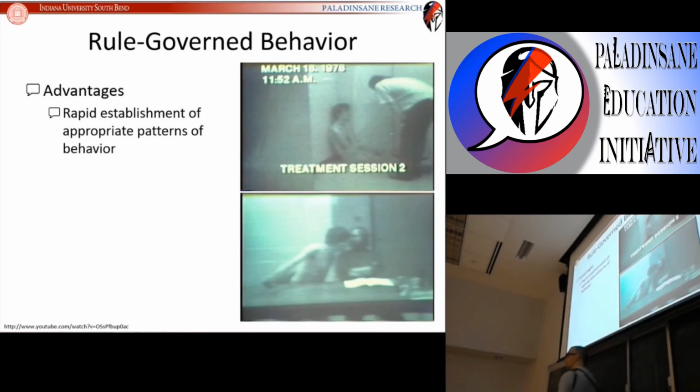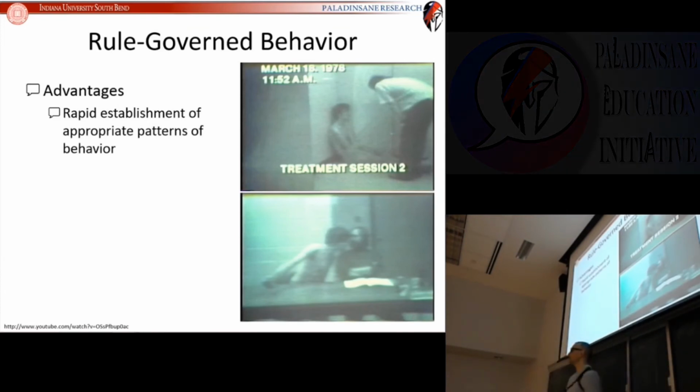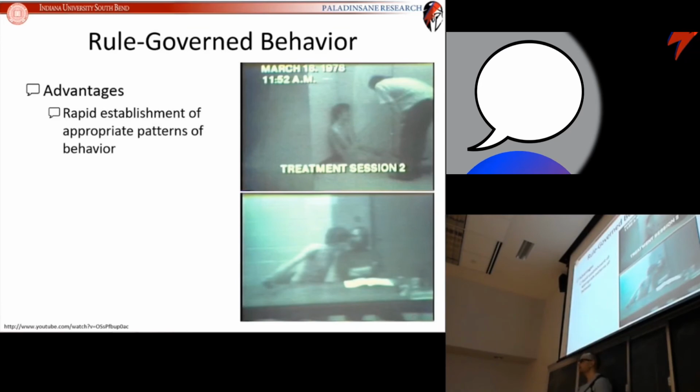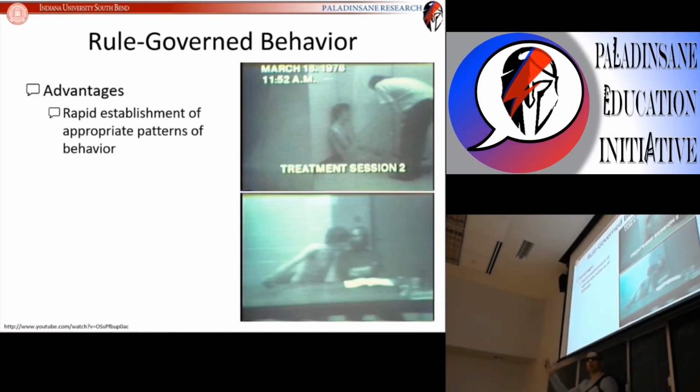So you get back out and you murder somebody else, and then you get incarcerated again, and you go through that contingency a few times, and after about 120 years, you're like, you know what, maybe I shouldn't do that murder behavior, and the murder behavior goes down. So that's the advantage of rules. Rapidly you can establish the correct behavior. Anything that you, for example, don't do because you were told not to do it, that's an example of rule-governed behavior.